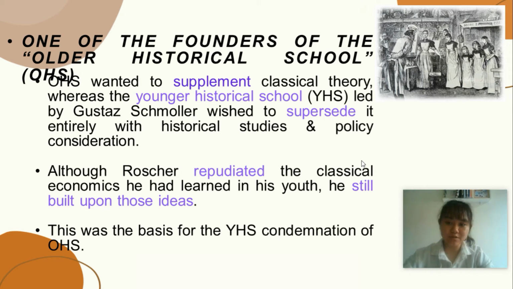So, for example, Schmoller held that Roscher and his associates had criticized classical economics and its methods effectively, but when it came to reconstructing, they had themselves lapsed into the methods that they had formerly condemned.